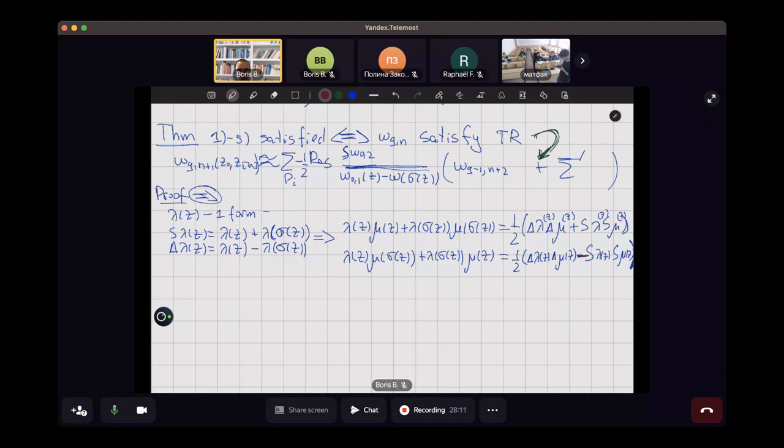Okay, and now I want to rewrite the projection property, this expression from the projection property.